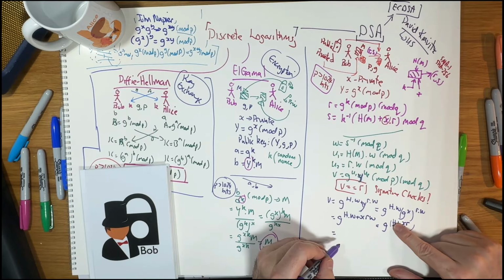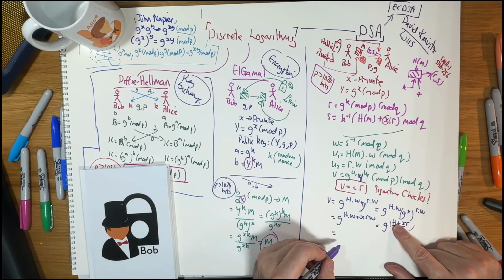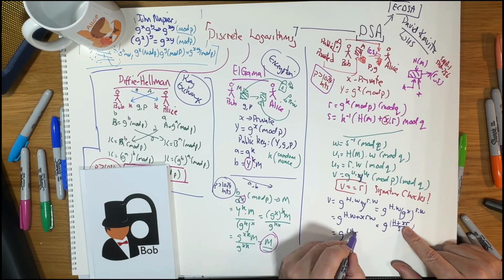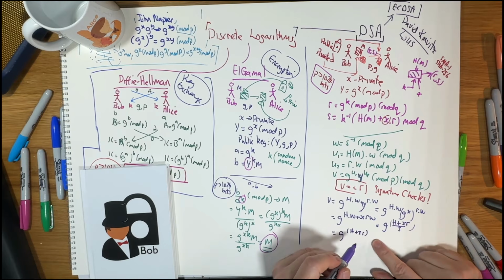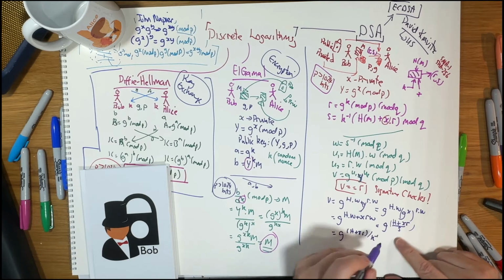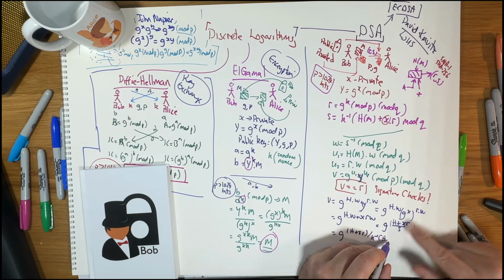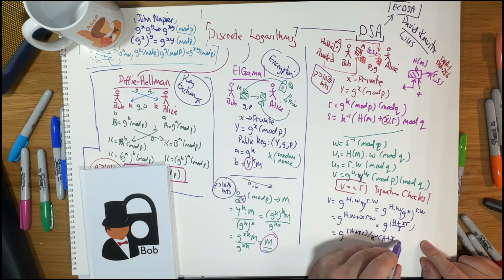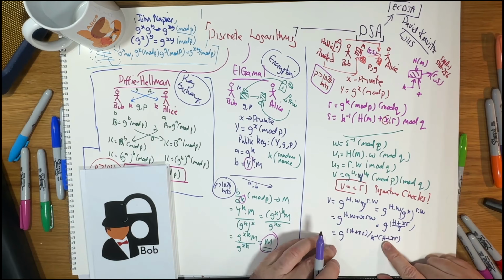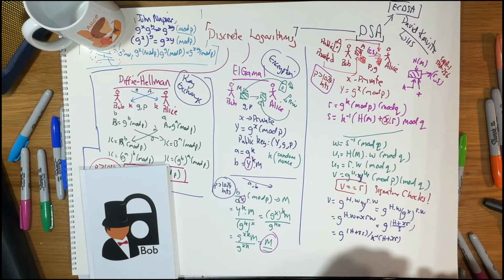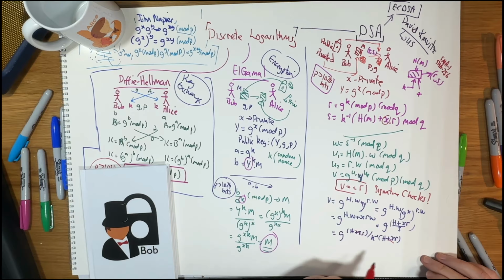If we now look at this part in here, we have G to the power of H plus XR, divided by K to the minus 1, times H plus XR, and now we should see that that cancels with that.